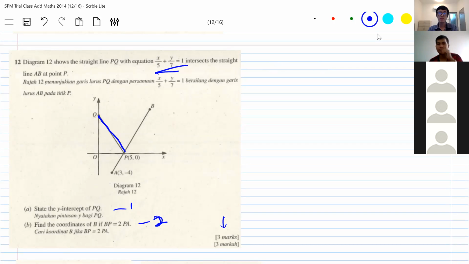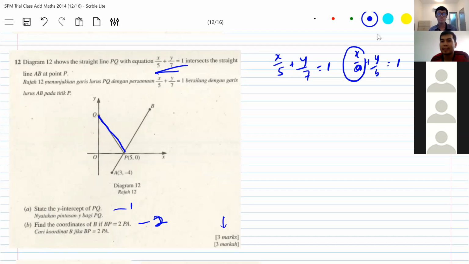Sometimes it might. If you really can't find any other way, just do that. But in this case, the straight line equation is actually given in a very interesting manner. X over 5 plus y over 7 equals to 1. This equation is in the form of x over a plus y over b equals to 1. Right? Where this a is the x-intercept and this b is the y-intercept.